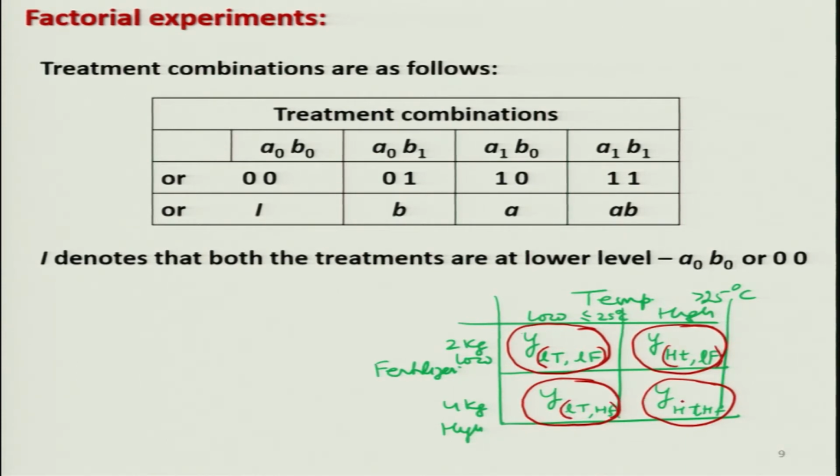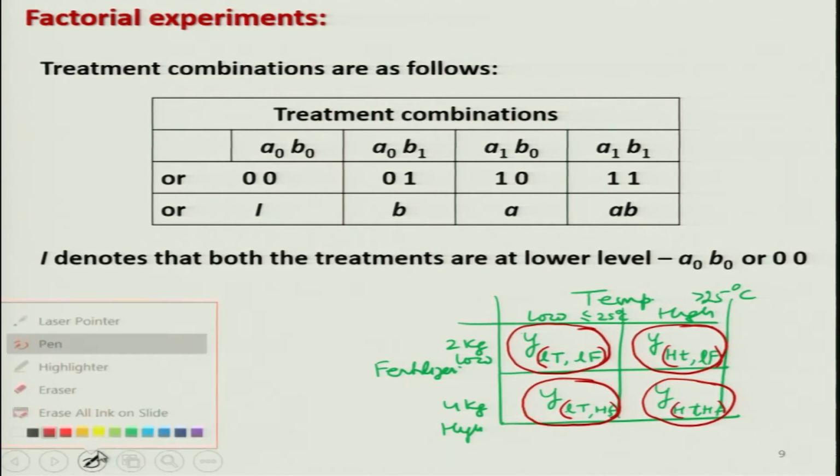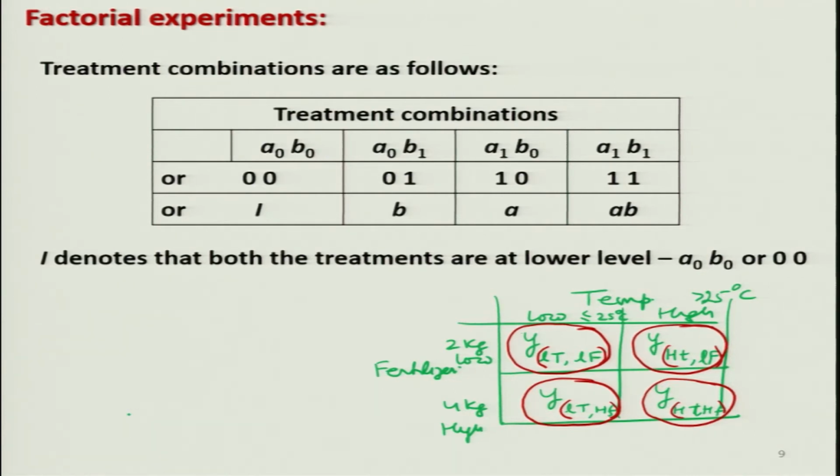Now, I have shown you these for a particular type of example, but we need to make it more general, so that a general factorial experiment can be expressed in the proper way. So, now you can see these 4 treatment combinations we can write down as A0, B0, A0, B1, A1, B0, A1, B1, right.